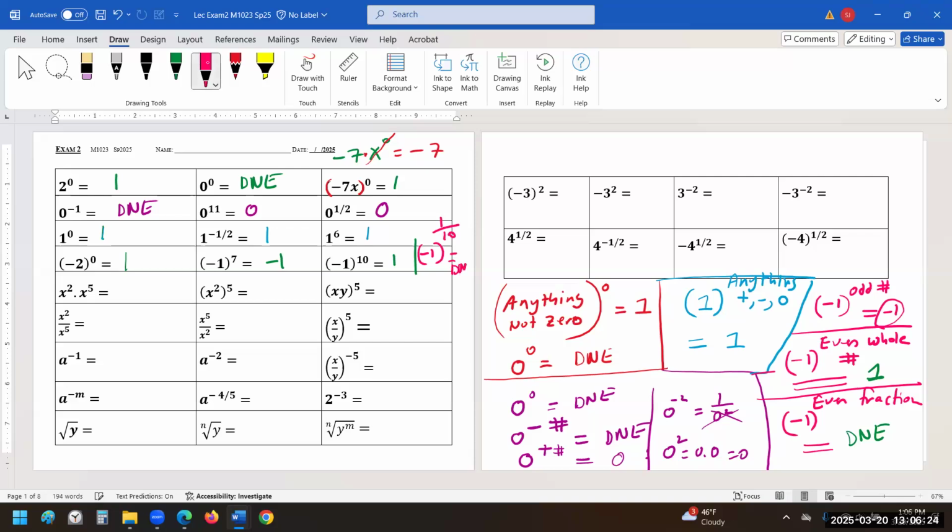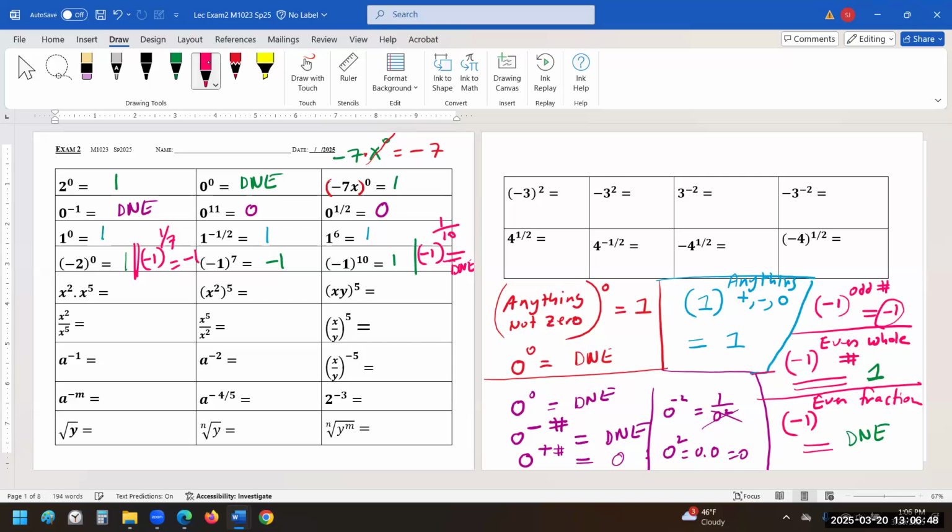It's DNE, because 1 over 10 is still even. It's a fraction, but it's an even fraction. So it doesn't exist. And one more here. What if I give you negative 1 to the 1/7 power? What is 1/7, odd or even? Odd. So what's the answer?